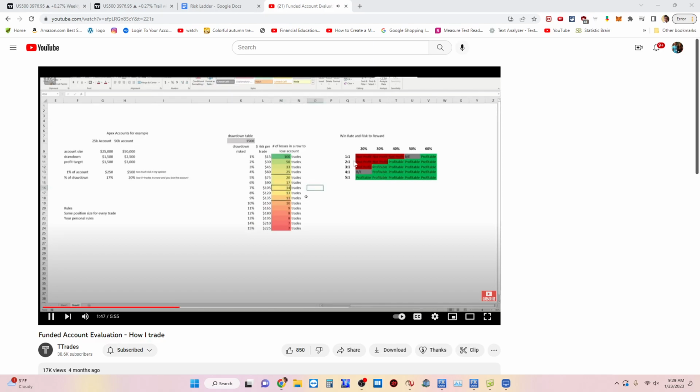At a 30% win rate here, taking the median of that puts us at up to 14 trades, at a 40% win rate I believe. With my system, I won't lose 14 trades in a row. But if you're able to get a 5 to 1 on the $1,500 drawdown for the 25K account, then you're golden. Personally, I like to trade the 5 to 1 because that's a real swing.